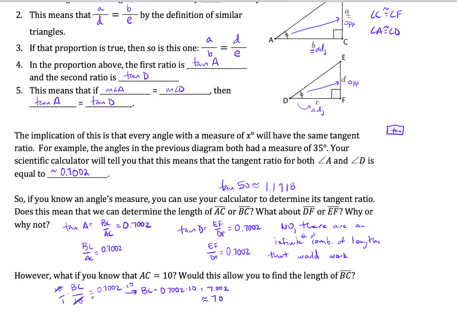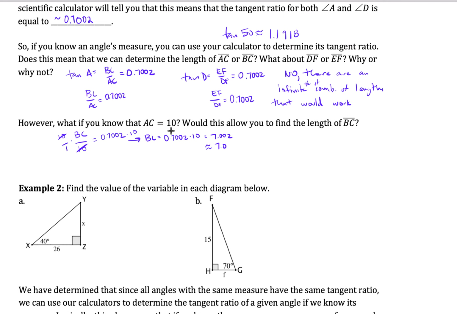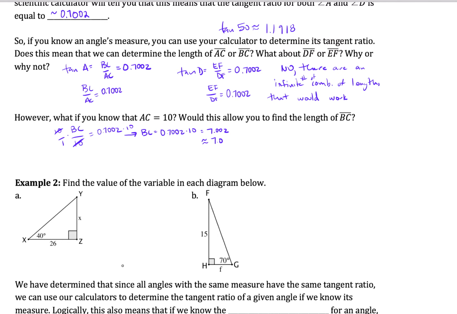If AC was 10, then BC would be about 7. So in that case, we were able to use the information about the tangent ratio and a side length to find another side. So let's look at a couple more examples where we're going to do something like that.